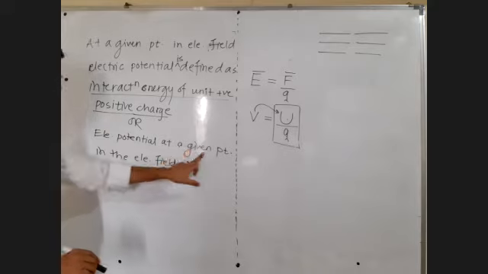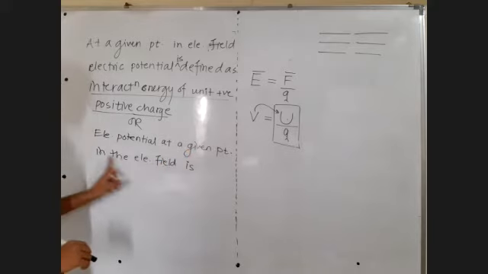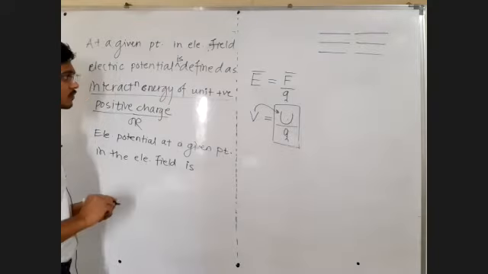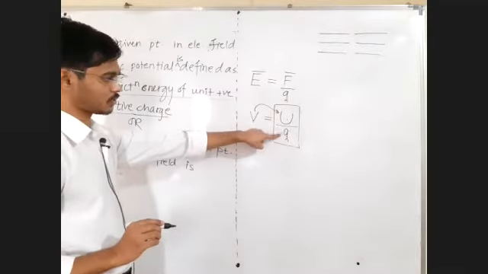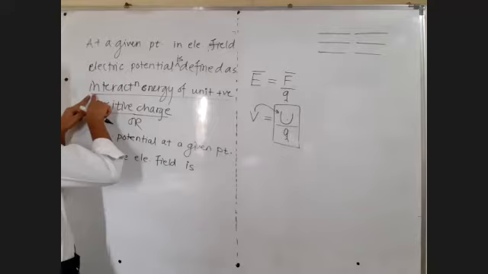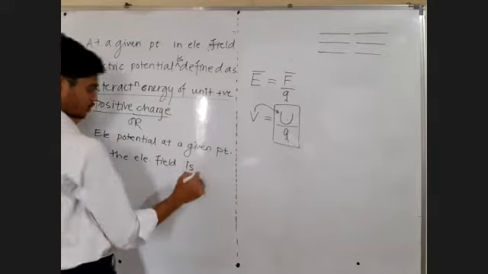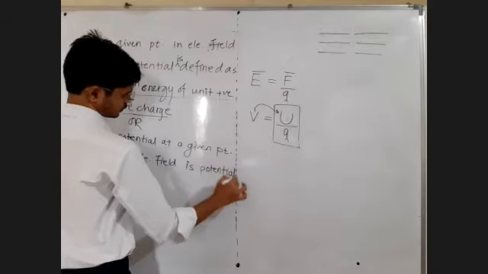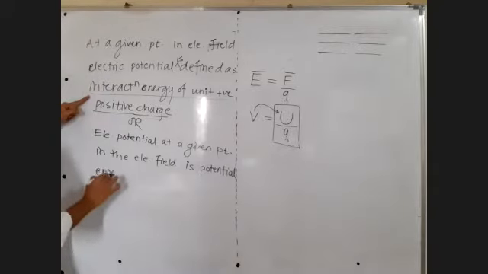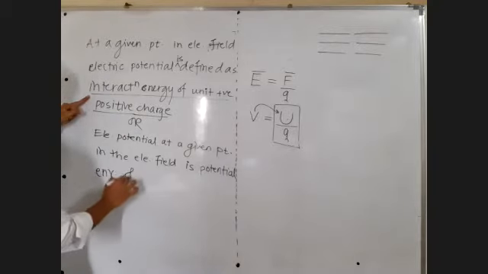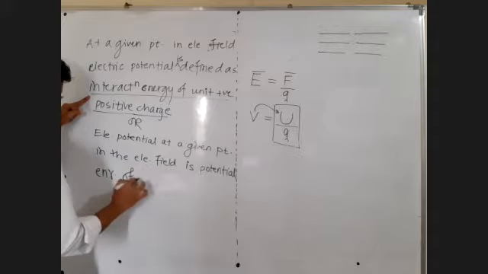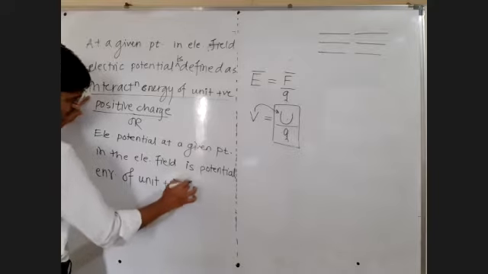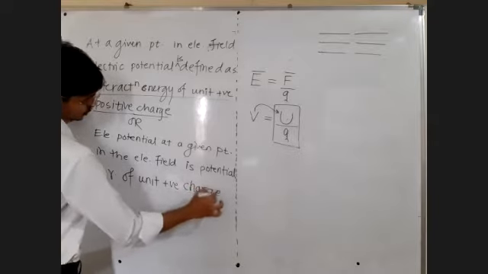Electric potential at a given point in the electric field, one more definition, is potential energy per unit charge. You could have written, instead of interaction energy of unit positive charge, potential energy of unit positive charge.